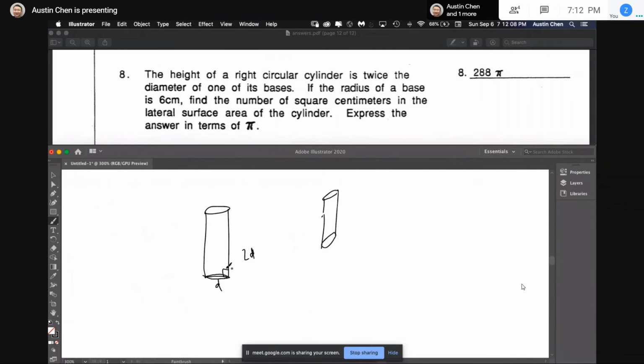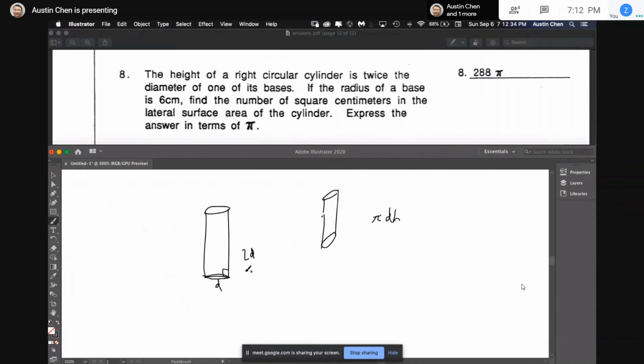If the radius of a base is 6 centimeters, find the number of square centimeters in the lateral surface area of the cylinder. Express the answer in terms of pi. If you want to find the lateral surface area of the cylinder, there's a formula for it: pi times the diameter times the height.